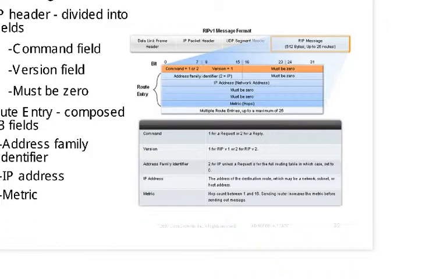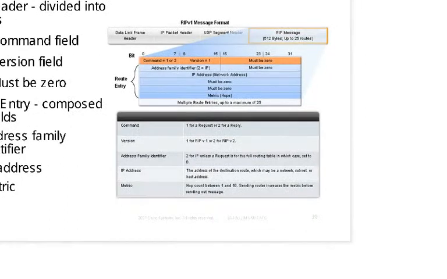So the first thing we notice here is that the message contains a data link layer header, it contains an IP packet header, and it contains UDP, which means that the route updates get encapsulated using the UDP transport layer protocol.